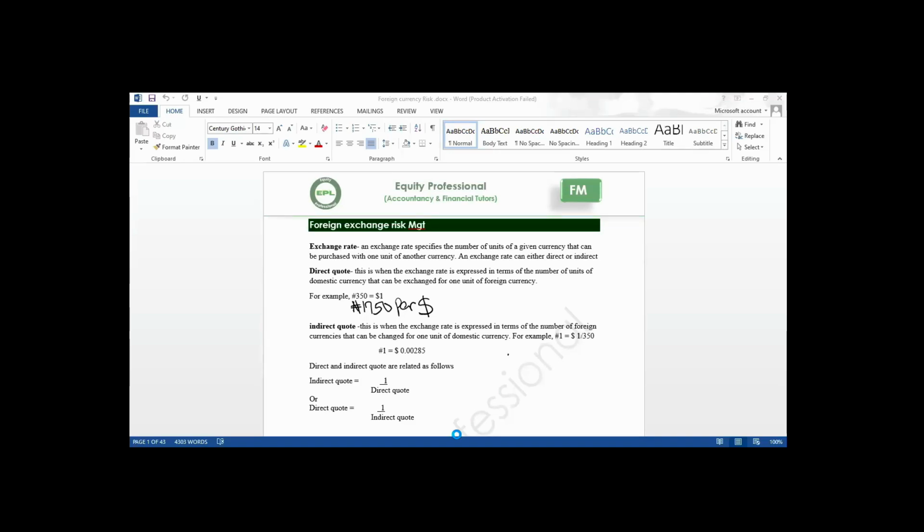These currencies are not equal in value. One Naira is not equal to $1. One Naira is not equal to £1.